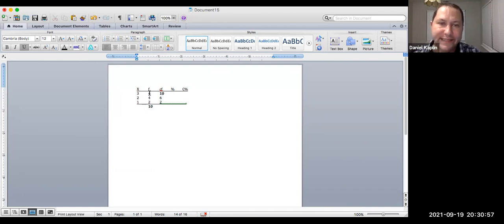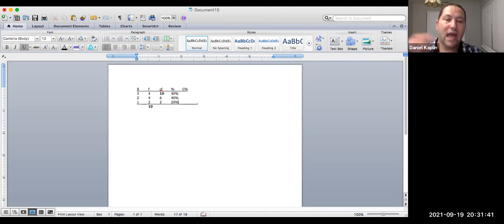So in this case, 4 divided by 10 is 0.4 times 100 gives us 40%. We do the same thing for the next one. 4 divided by 10 times 100 is, again, 40%. And again, it probably should not be bolded. There's no reason to have it bolded, right? And then the next one, 2 divided by 10 is 0.2 times 100 gives us 20%.